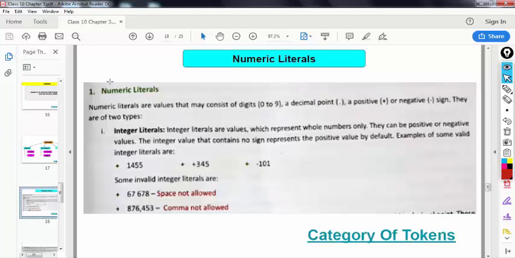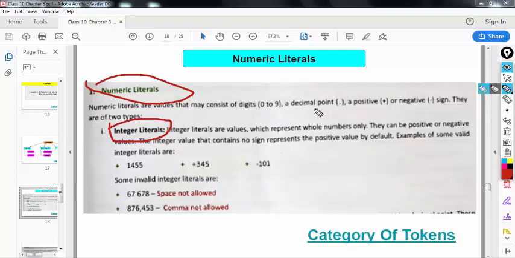Okay, so within the numeric literals, we have seen integer literals, and now let us see real literals, the second category of numeric literals.